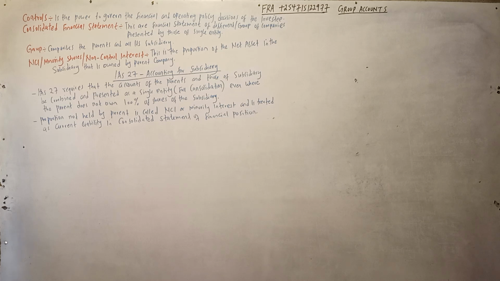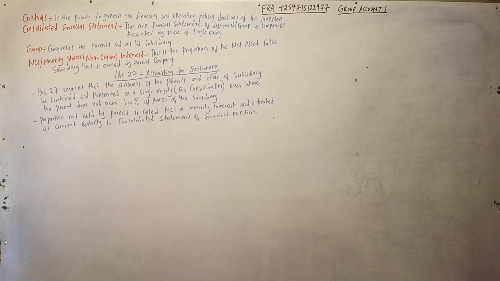When we talk about control in group accounts, we are talking about the power to govern the financial and operating policy decisions of the investee. That is how the parent has the power to control the subsidiary in most situations. Now we have the consolidated financial statements. These are the financial statements of different group companies presented as a single entity.